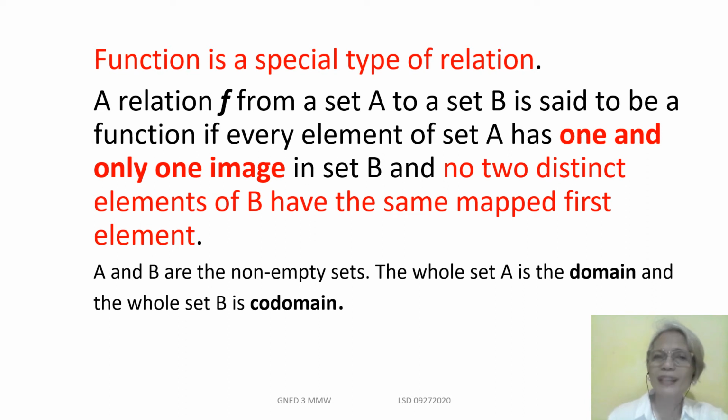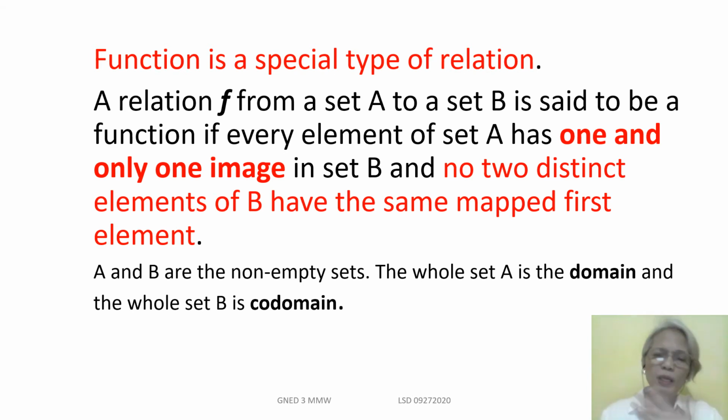A person cannot have two birthdays. However, a person can share his or her birthday with other individuals. Again, A and B should be non-empty sets. The whole set A is the domain, and the whole set B is what we call the codomain.